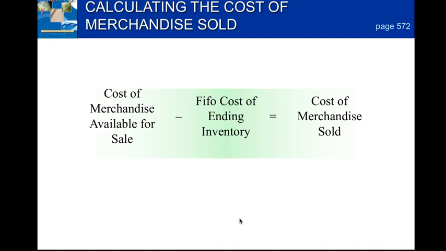So calculating the cost of merchandise sold is pretty simple. You take the cost of merchandise available for sale, and then you subtract out your cost of ending inventory. So FIFO, it would be $386, and that equals your cost of merchandise sold.